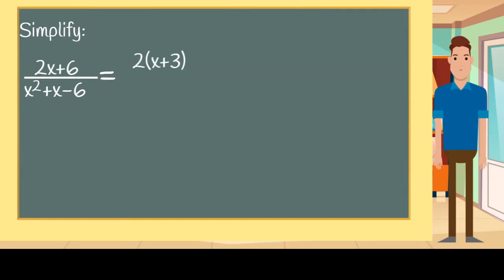Next example. Simplify 2x plus 6 over x squared plus x minus 6. We can factor the numerator using the GCF. Factoring out 2 will result to 2 times x plus 3. The denominator is a quadratic trinomial.